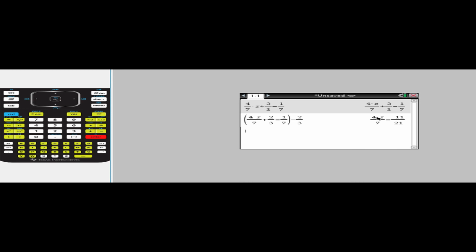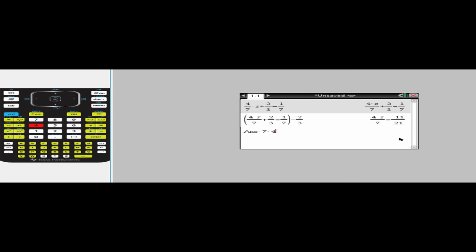And that's going to be the inverse of this. The inverse of 4/7 is 7/4. And so we're going to multiply by 7 divided by 4.